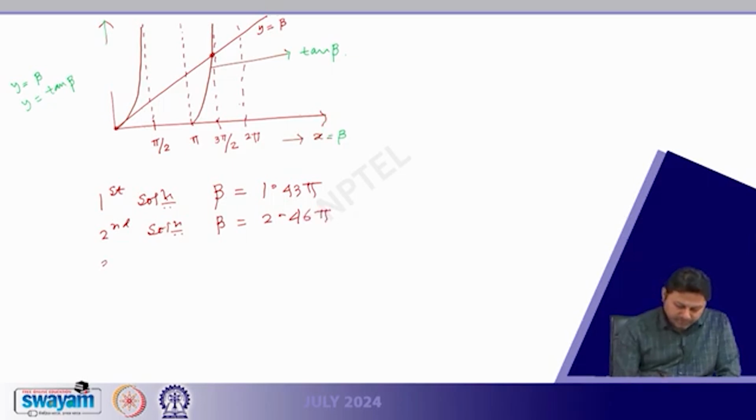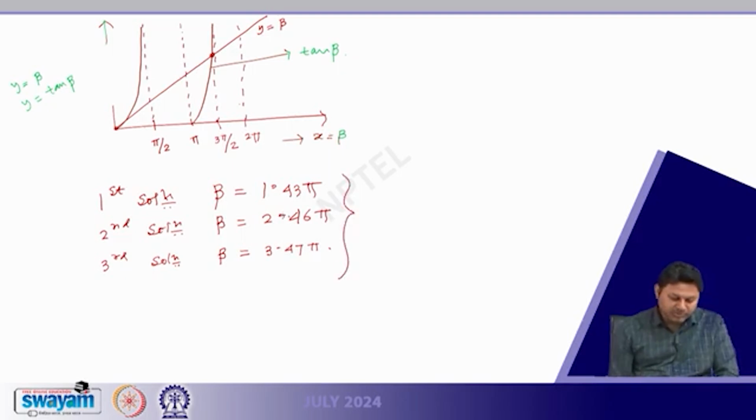The third solution is when beta equal to 3.47 pi, and so on. So these are the first three solutions.